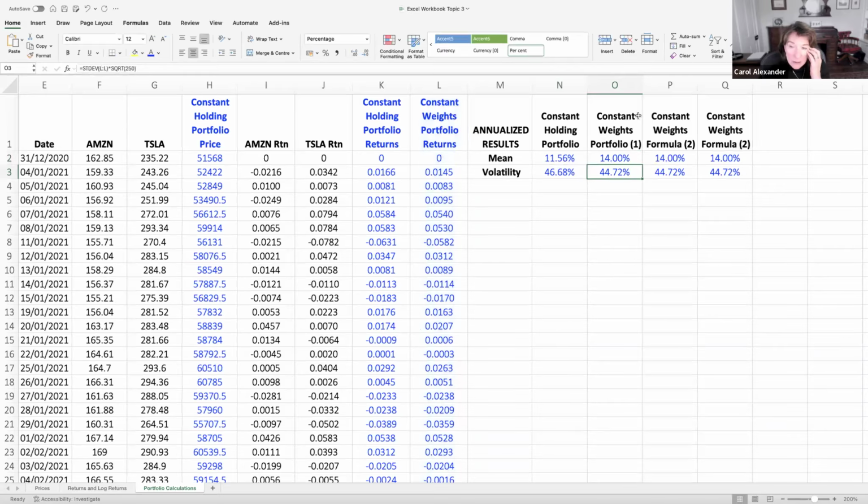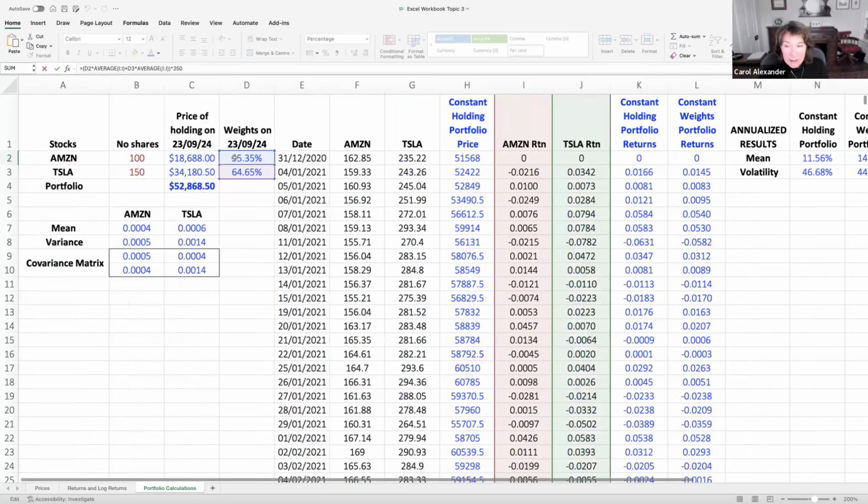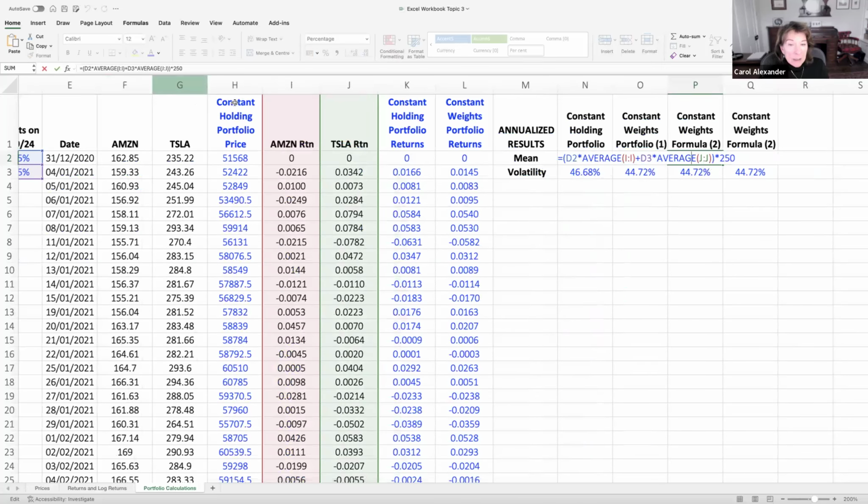But the thing about using constant weights is that there are many different ways to calculate them. For example, here, we just use D2, which is this weight here, times the mean return plus D3 times the mean return, and then we use the 250 annualization factor. And here too. This is the formula for the variance, and the whole thing is in brackets.